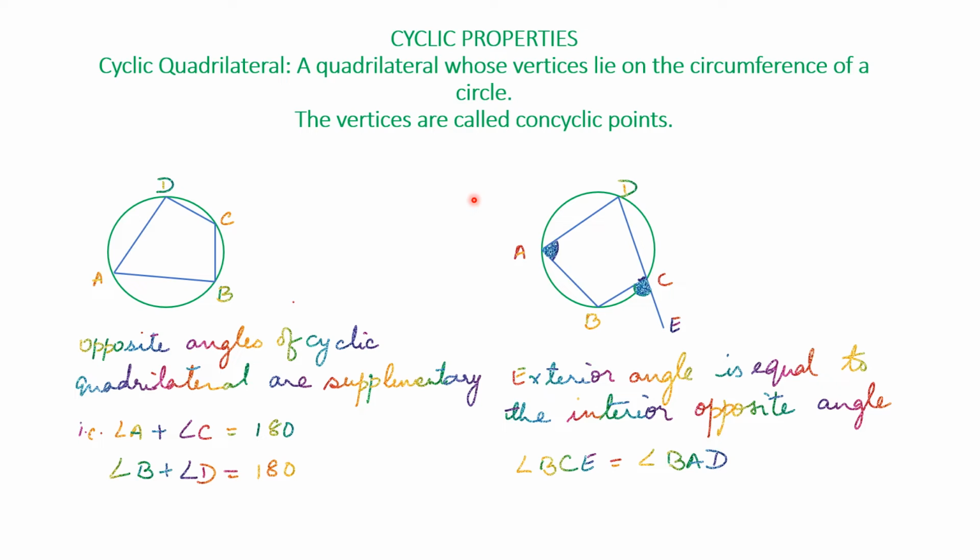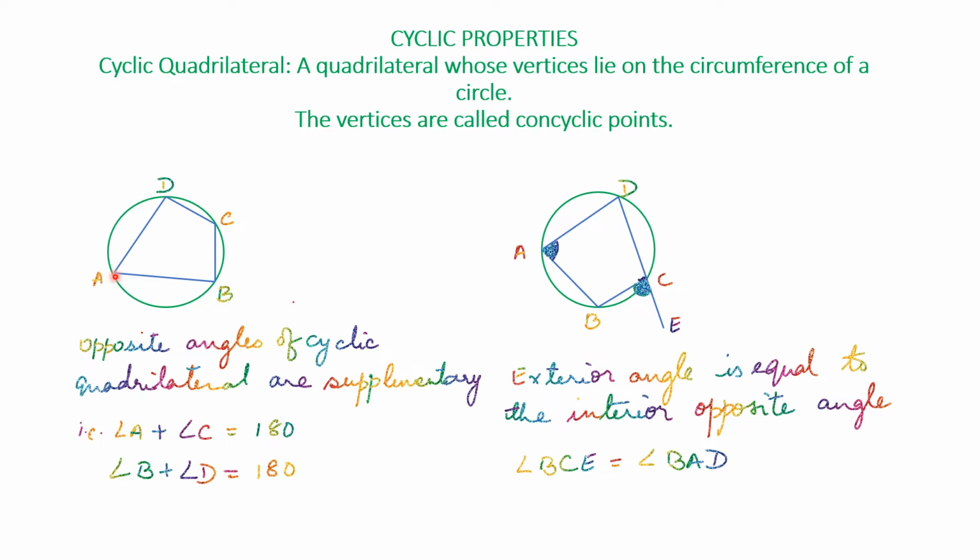Now that we have understood the basics of a circle, let us go one step ahead, that is, we are combining a circle and a quadrilateral. So we are looking at a quadrilateral whose vertices are lying on the circumference of the circle. A quadrilateral whose vertices lie on the circumference of the circle is called a cyclic quadrilateral.